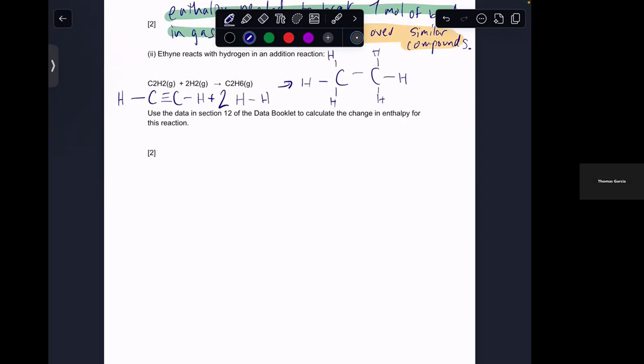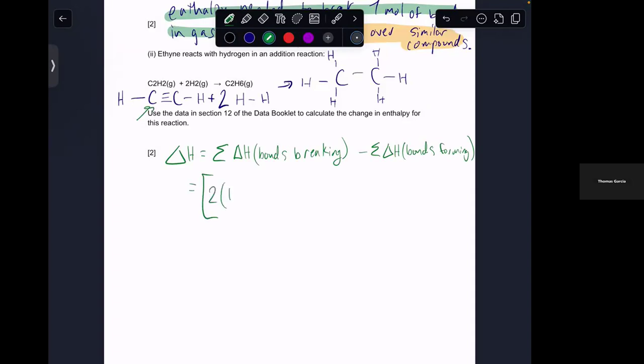So when we're doing bond enthalpy, we have to remember that our formula is delta H is equal to the sum of the delta H of the bonds breaking minus the sum of the delta H of the bonds forming. So let's take stock of what we have. I notice that we have in this reaction up here 2 hydrogen bonded to carbon bonds plus 1 carbon triple bonded to carbon.